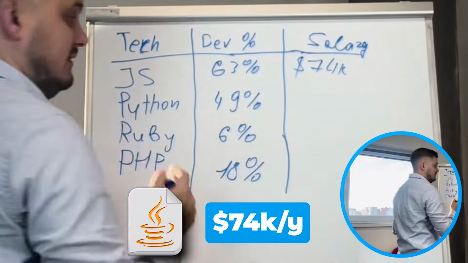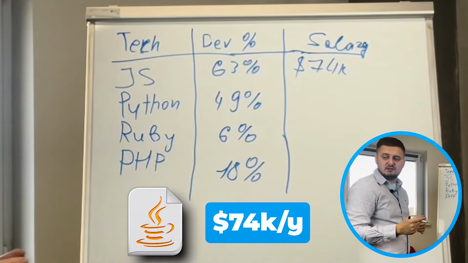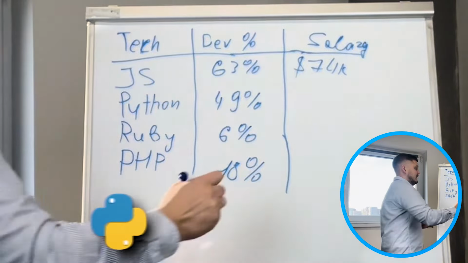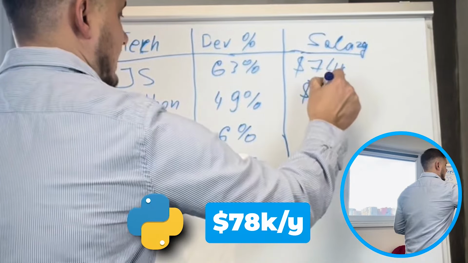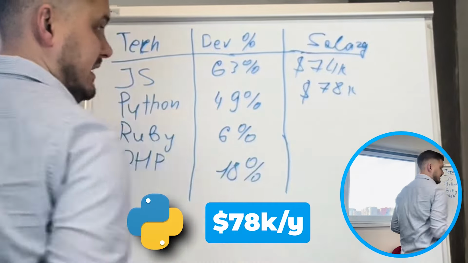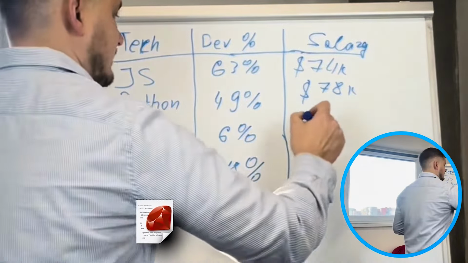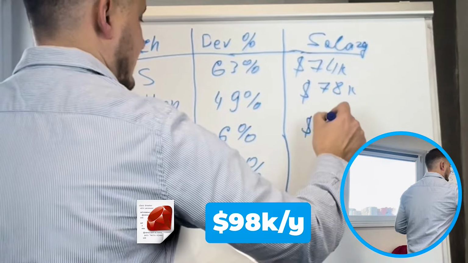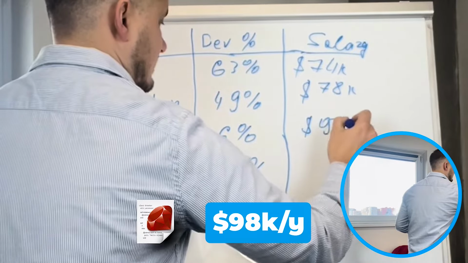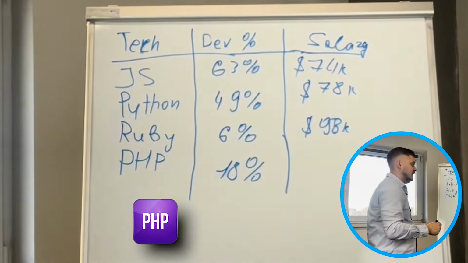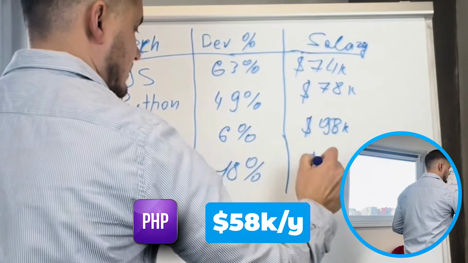So JavaScript developers on average make $74,000 a year. The next one, Python, is 78. So that's the average salary for Python developers in our case. Then Ruby is 98,000 a year, and PHP is $58,000 a year, right?